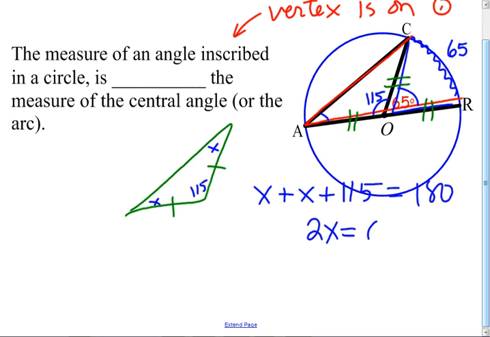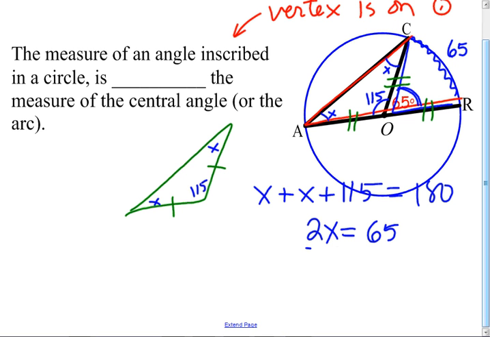I get 65. Interesting. Do you remember that this exterior angle is equal to the sum of the two remote interiors? Well, it makes it a little easier, but I can still do it the way I just did it. X plus X, the two other angles that are not next to the 65, are equal to 65, and there it is. And so how do you find X?